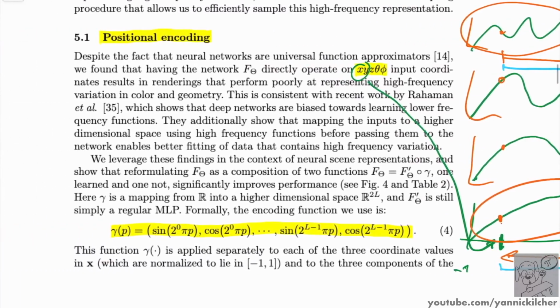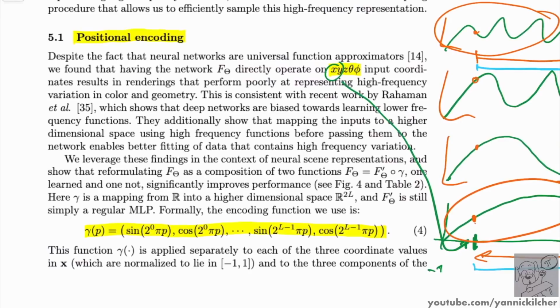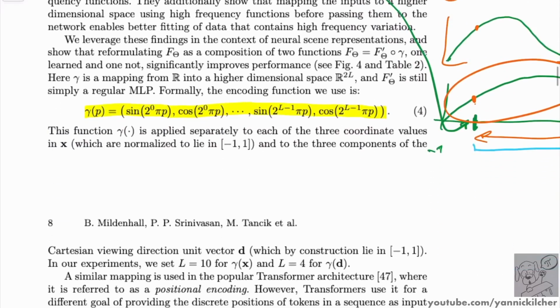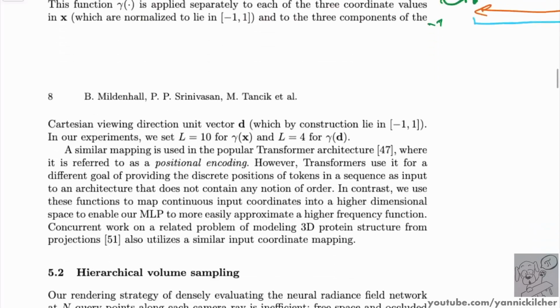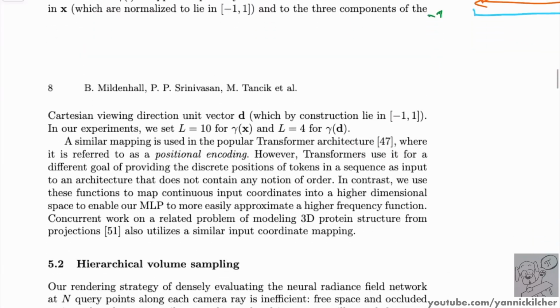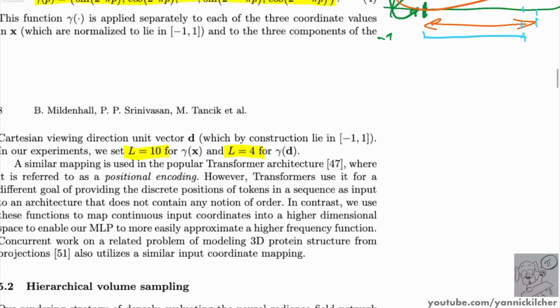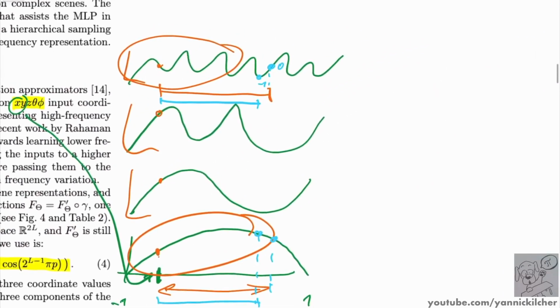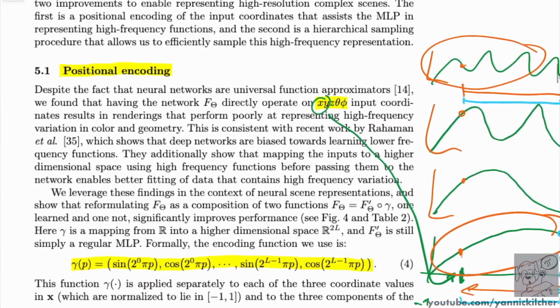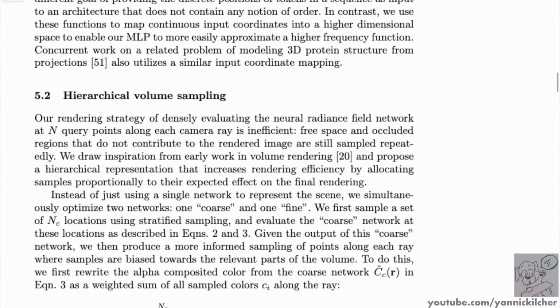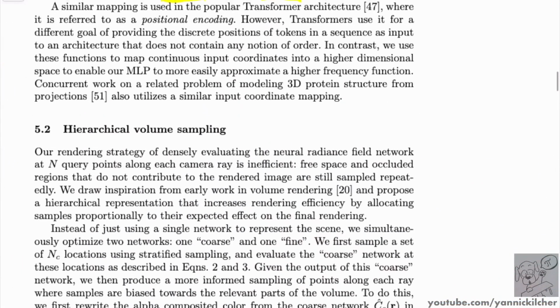So ultimately, you're going to map this 5-dimensional vector into a higher dimensional vector, and they consider like 10 layers or 4 layers of these, how many of these different sine and cosine waves they construct. So again, they call it positional encoding.